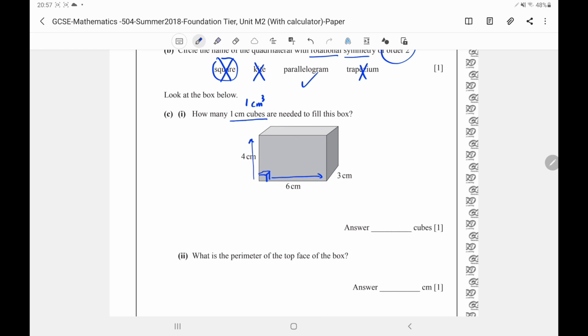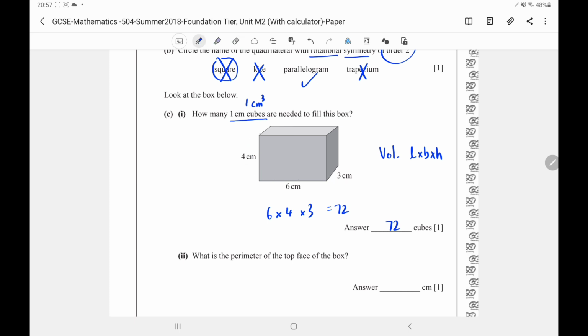You'll get 6 across the bottom, you'll get 4 across the top, and it'll be 3 deep. So then you just do 6 by 4 by 3. And that's 72. So you have 72 cubes. That's basically a volume question. The volume of a cuboid is the length by the breadth by the height.